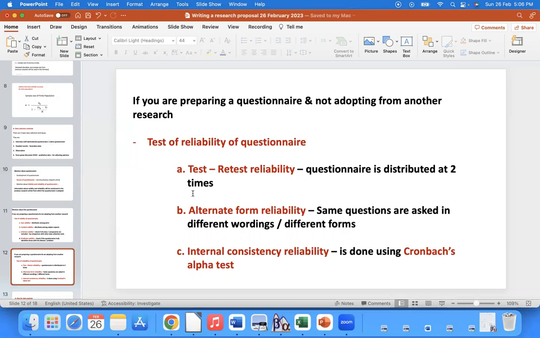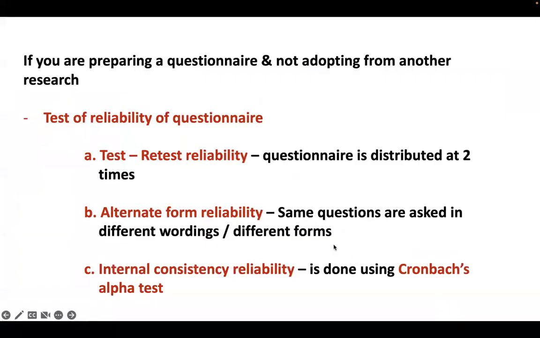So please keep in mind, these are the three ways to test reliability: test-retest reliability, alternate form reliability, and internal consistency reliability. Test-retest reliability: today you are distributing the questionnaire. After 1 month, you distribute the same questionnaire and check if the answers are similar or not.